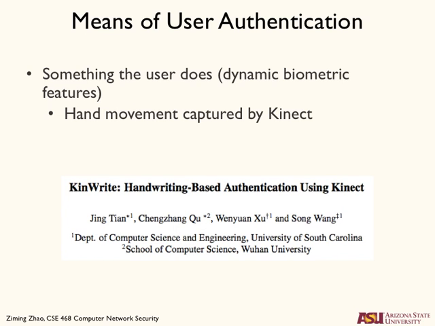And also, someone recently proposed to use Kinect to capture your hand movement and use machine learning. All of those approaches use machine learning. This is kind of like the anomaly-based detection we discussed in intrusion detection systems.